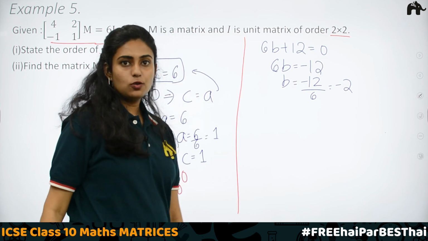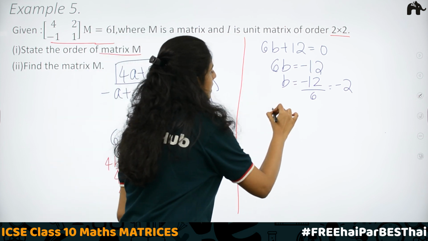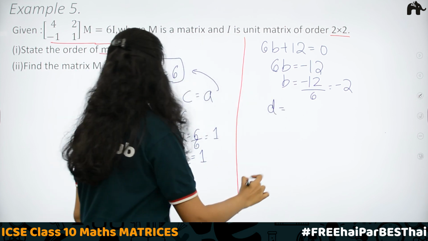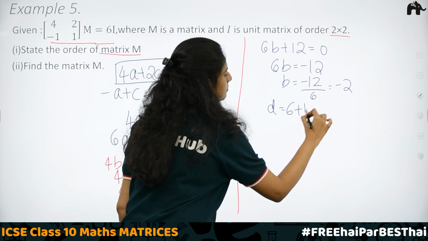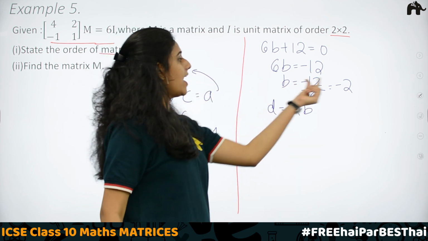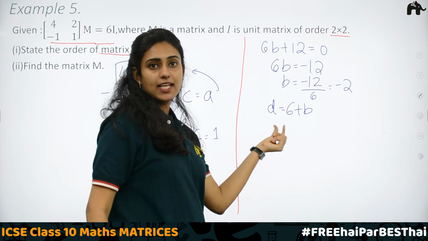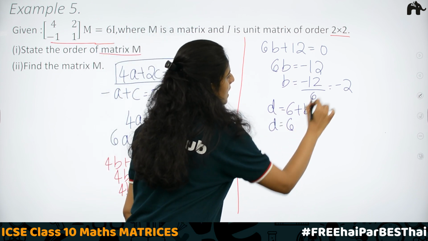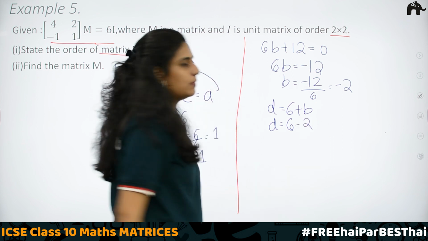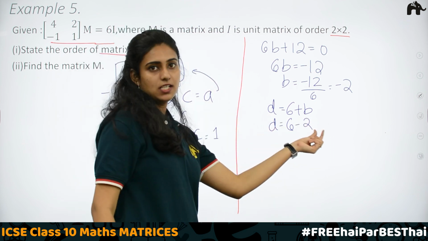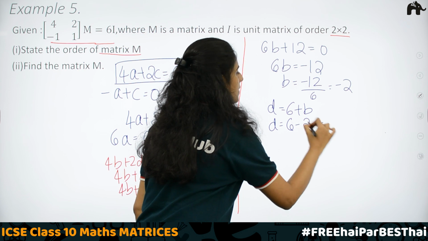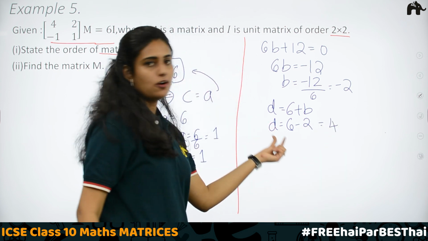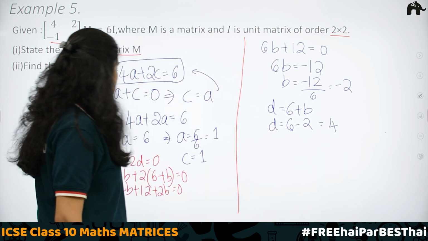We got the value of b. We had d is equal to 6 plus b. Now adding this value of b to 6, we get d. D is equal to 6 plus b, which is 6 plus minus 2, that is 6 minus 2, which is 4. We got the value of d. We know a, b, c and d.